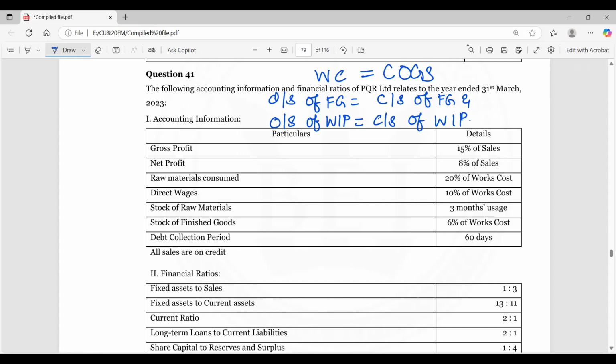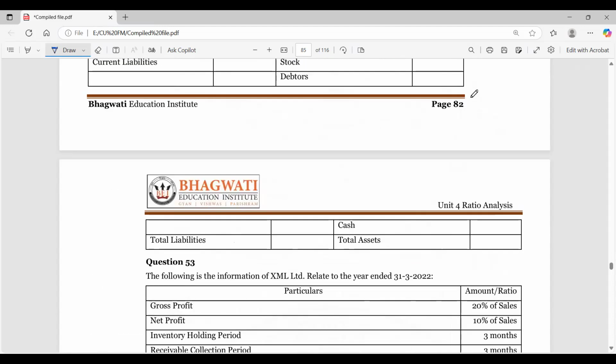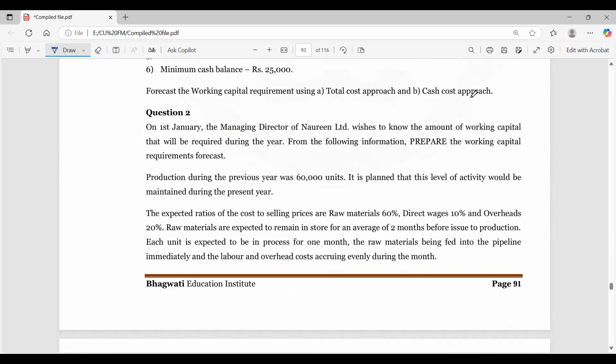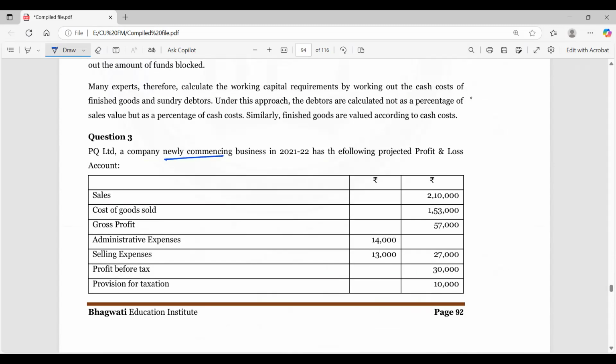Listen, I can tell you one thing. In the question, it is not mentioned that it is a newly formed company. If it is not a newly formed company, you can make this assumption because in the next chapter, that is what we are going to do. Next chapter, in the working capital management chapter, if you look at question number, I think third question and all, it is mentioned it is a newly commencing company.